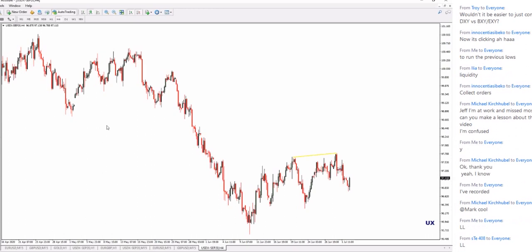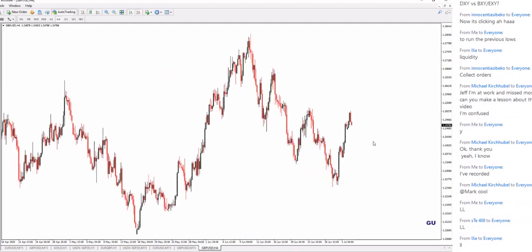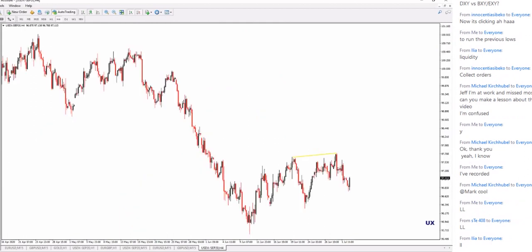Good, lower low. Let's go to GU first. All right, so let me mark this also. One second. Look, this is where the candles are going to be important. Here I use this high and this high.